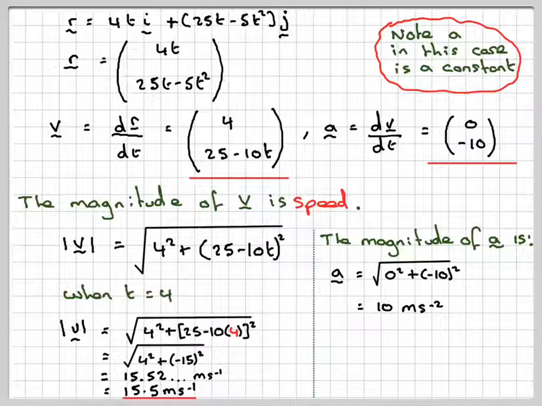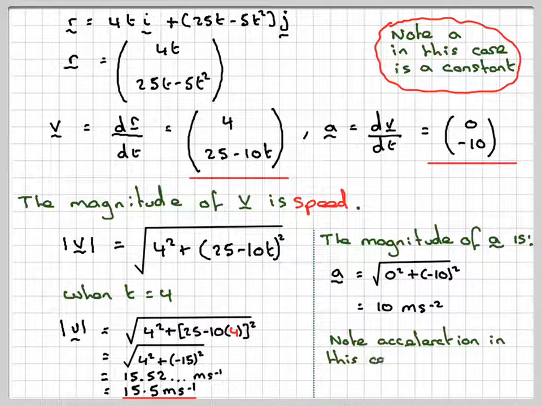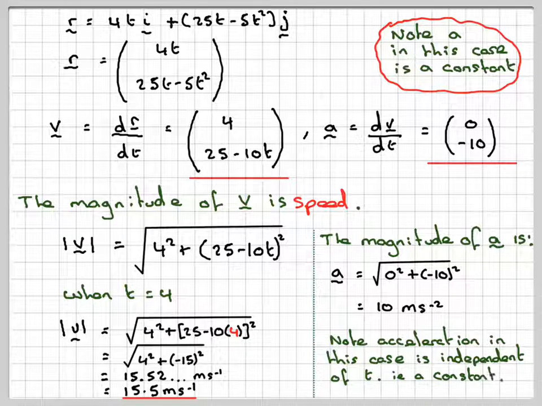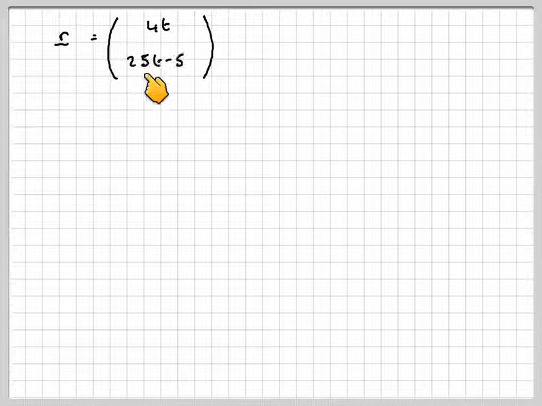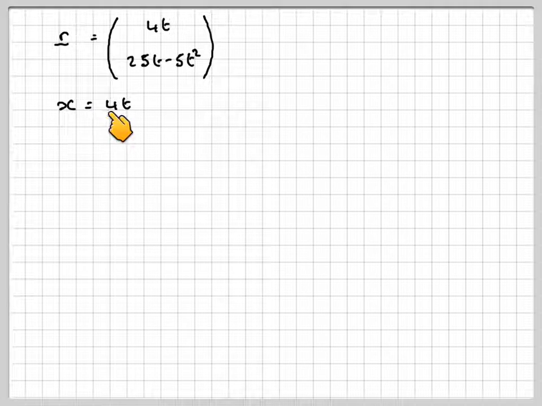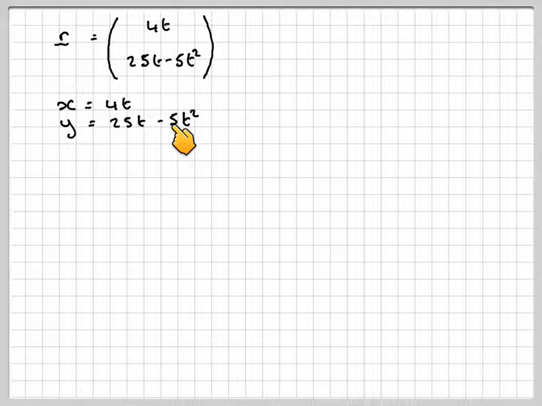So doing the last part, note the acceleration in this case is independent of t, won't always be, i.e. a constant. So if r is (4t, 25t minus 5t squared), then the x component of that is 4t, the y component is 25t minus 5t squared.